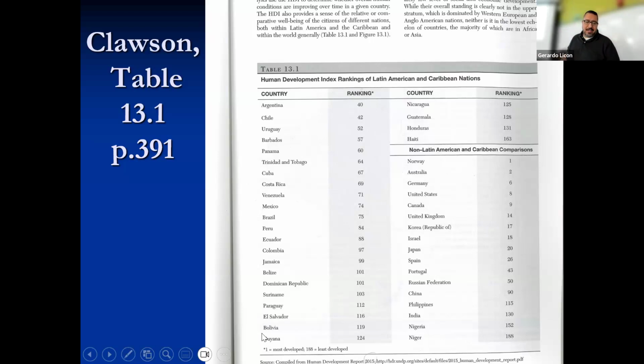The lowest ranked in Latin America have the highest numbers, and that's not El Salvador, Bolivia, and Guyana, because the table continues up here. It's Guatemala, Honduras, and Haiti. So do make sure that you read the table correctly. Number 1, don't read it backwards. And number 2, notice that the table continues on the second column. It doesn't end at the bottom of this first column.